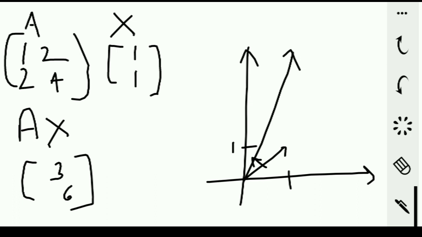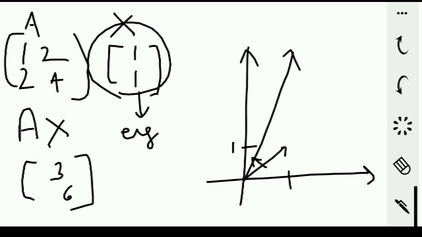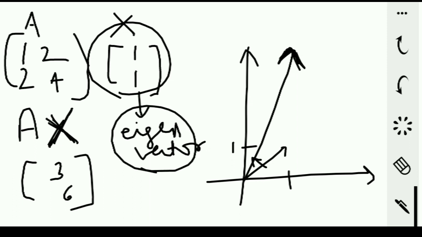It scales but rotates also. So we can't say that this column vector is an eigenvector. Why? Because when we do Ax, this vector rotates. It scales with some value, that will be our eigenvalue, but it is not an eigenvector because it rotates with respect to this column vector.